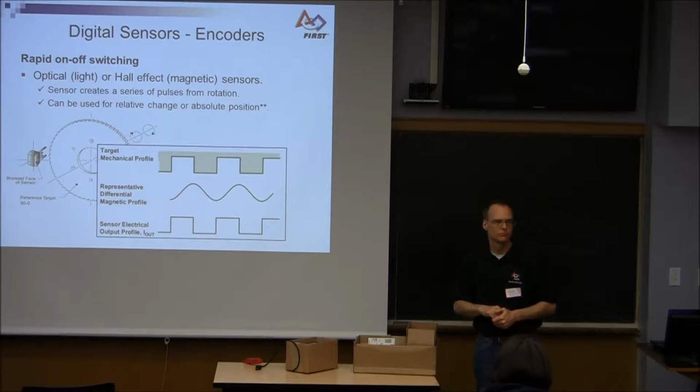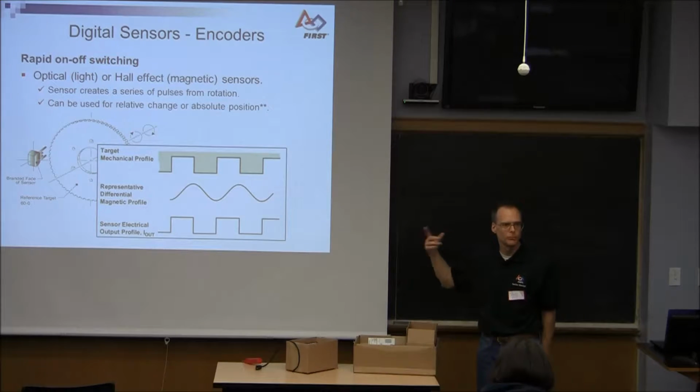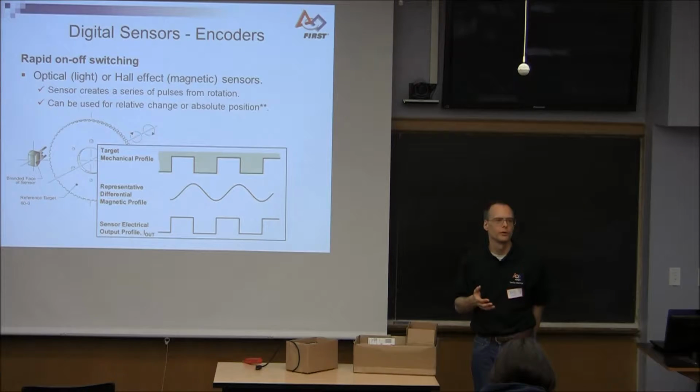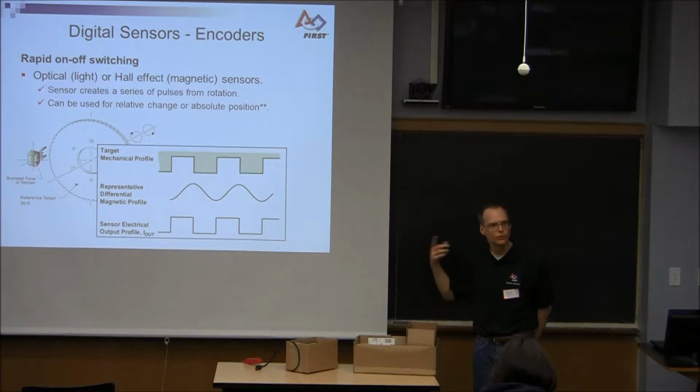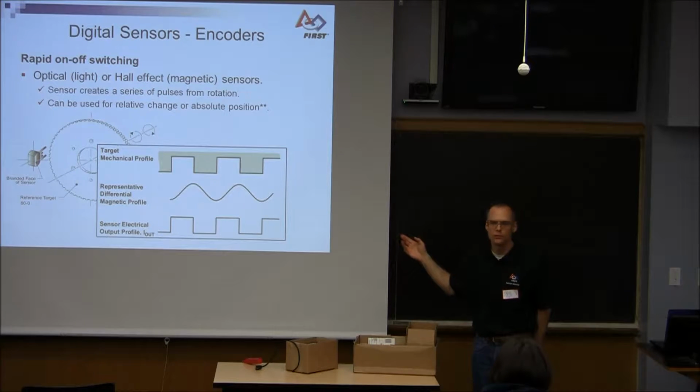Like axles, splines that go around on the wheel. And all it really does is it tells you how many blips you get, and you measure that per unit time. And you get some idea if you have more blips per unit time, the wheel's going faster, or it's gone around so many times if you know how many counts, how many teeth in the gear, for example.